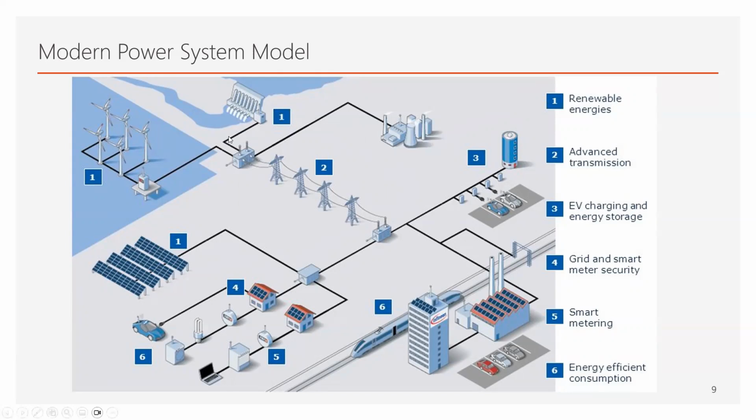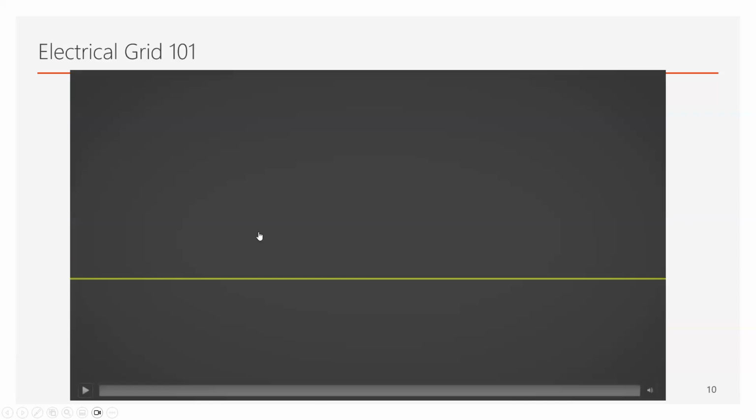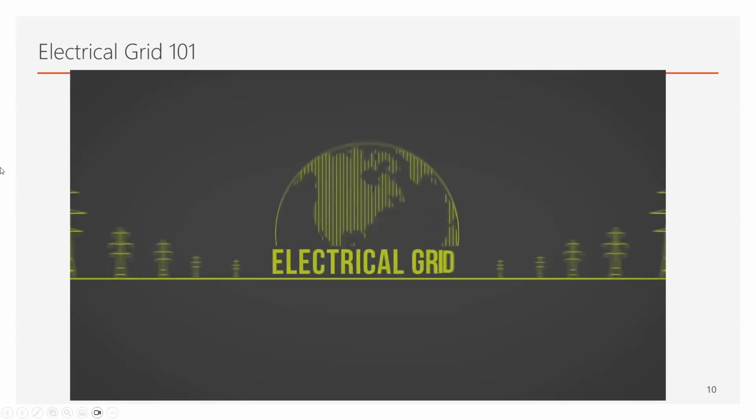They want to go for 100% renewable and 100% energy storage, like EVs. Not 100%, but they're trying to go to that level. Anyway, now we're going to see a video on Electrical Grid 101.